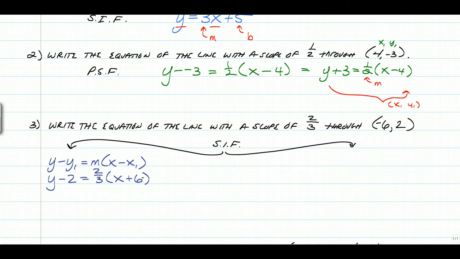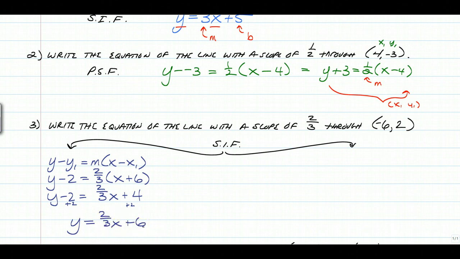And now it's just as simple as distributing the 2/3. So y minus 2 is equal to 2/3 x plus, distribute the 2/3 to 6, and you have 4. Last step, you just have to add 2 to both sides, and you have y is equal to 2/3 x plus 6. And you are done.